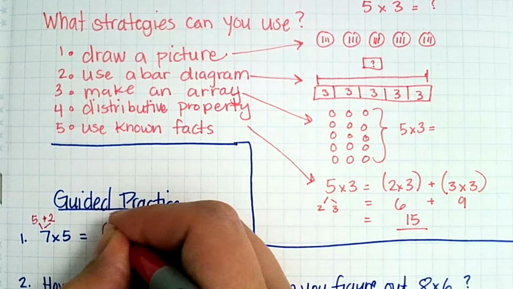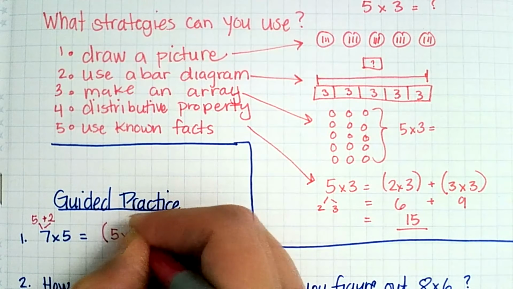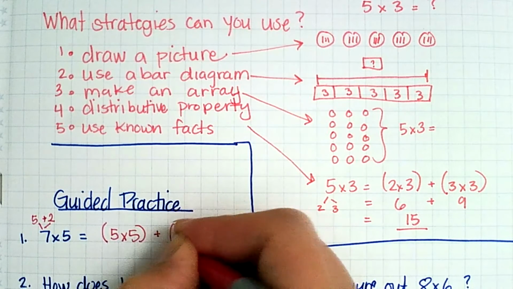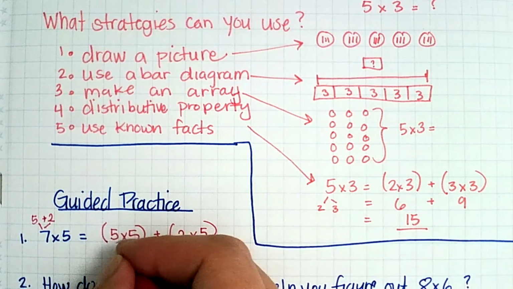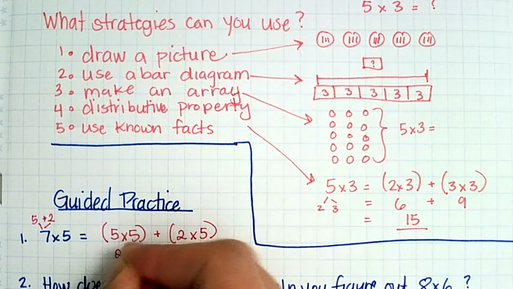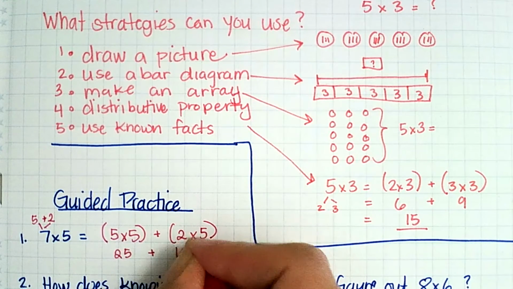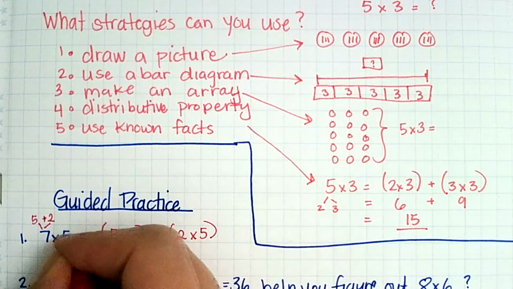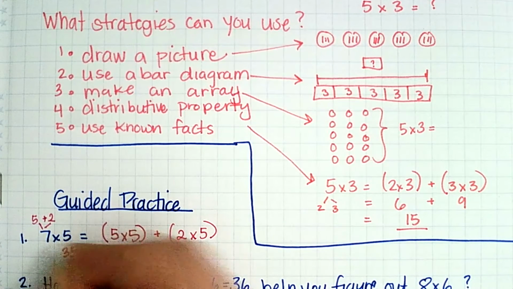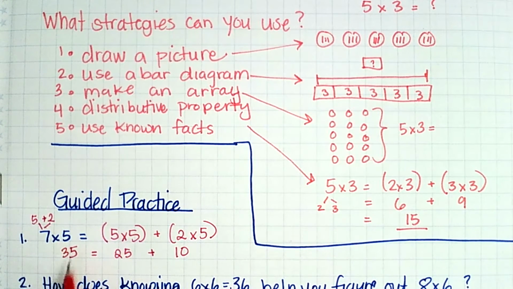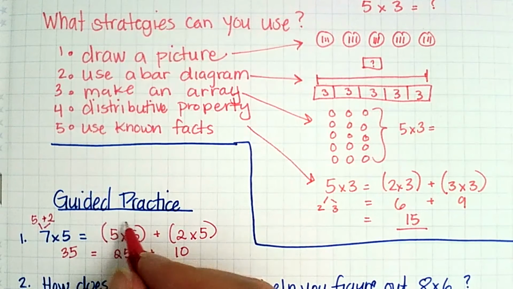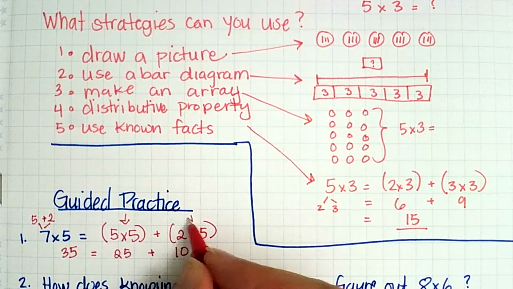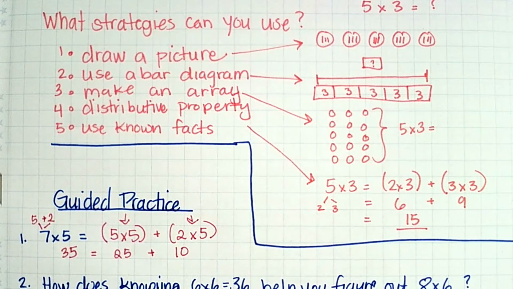So I can break this into 5 times 5 plus 2 times 5. This is going to give me 25 plus 2 times 5, which is 10. So I know that my answer is 35. So 7 times 5 is equal to 35. The facts that I know are my 5 times 5 and my 2 times 5. Those are my known facts.